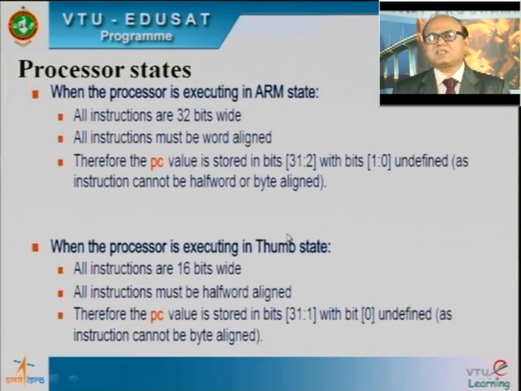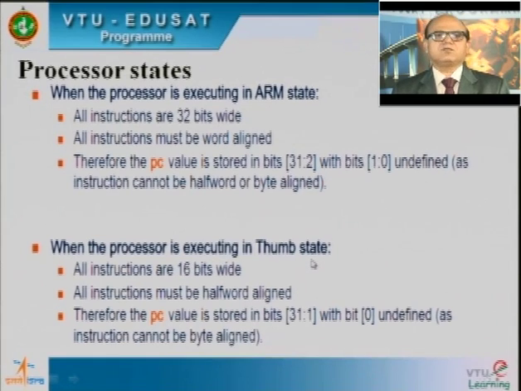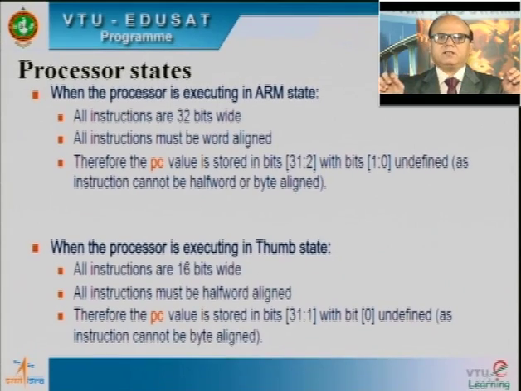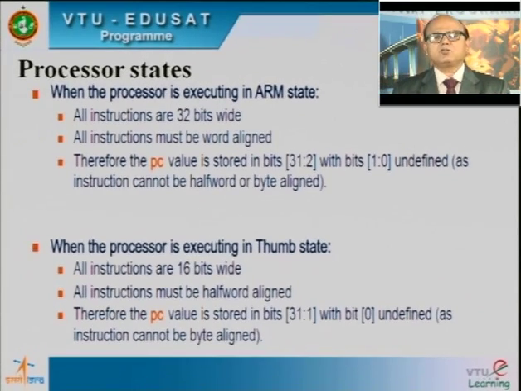Coming to the next state of the ARM core, we have the Thumb state. In the Thumb state, each instruction is 16 bits wide, so naturally each instruction is 2 bytes long, including the instructions which access the memory, and all instructions must be half word aligned.